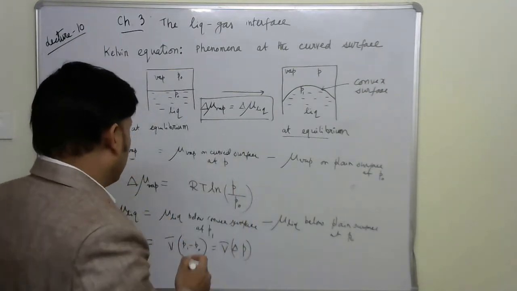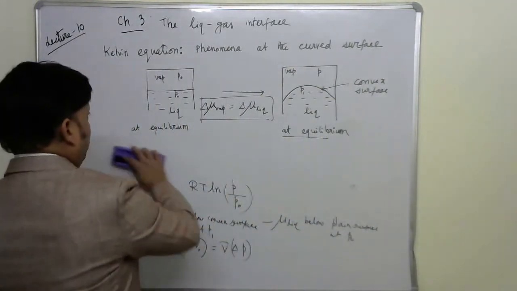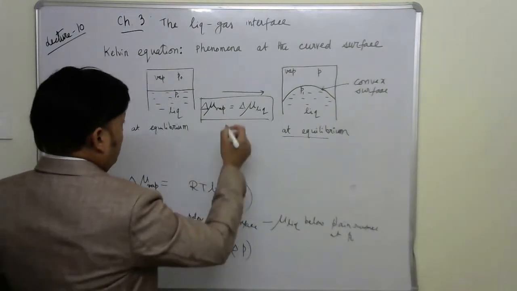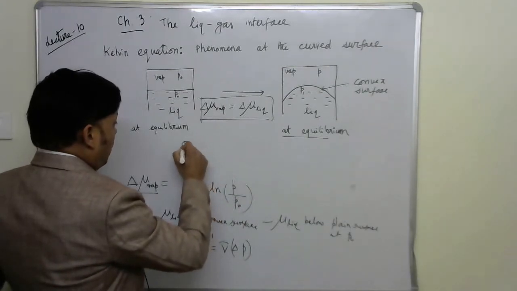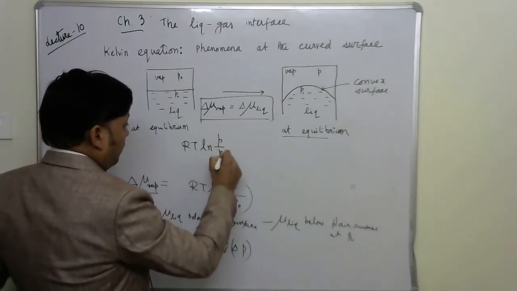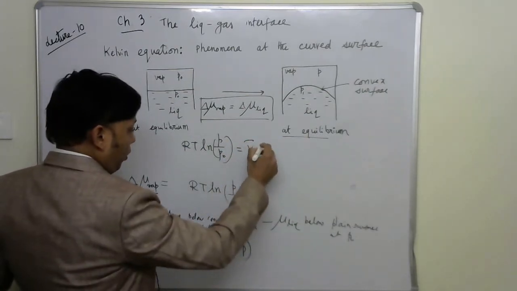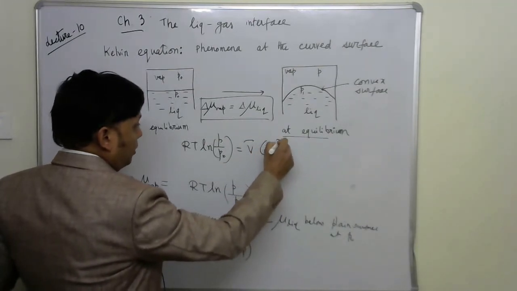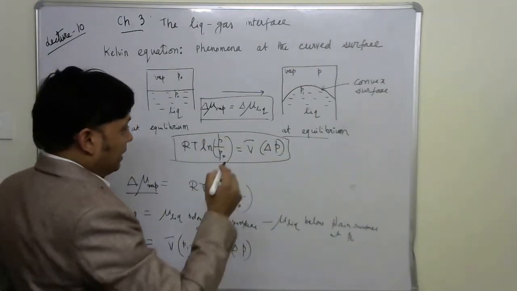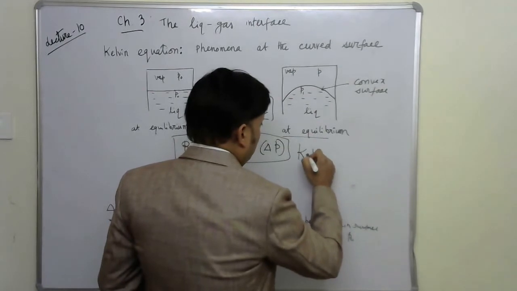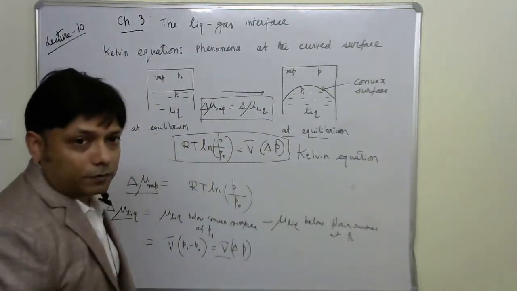So if that is the case, what would happen? Now we can simply write the equation: delta mu vapor, RT ln P divided by P0, is equal to delta mu liquid, which is molar volume multiplied by the pressure difference. All right. So now immediately we get an equation, and this equation is nothing but the Kelvin equation for the pressure difference at the curved surface.